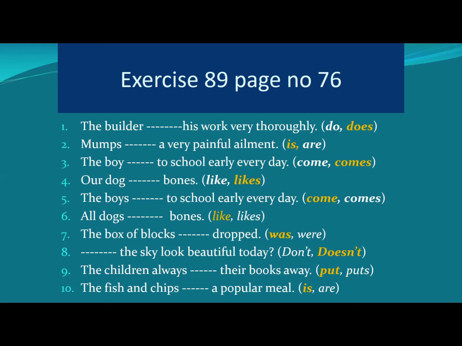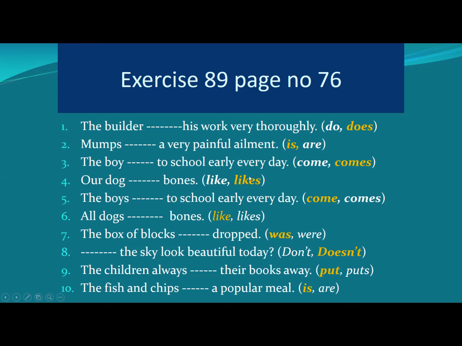Mumps is a very painful ailment. Sentence number 3: the boy comes to school early every day. The boy is singular third person, so we will not use come but comes.